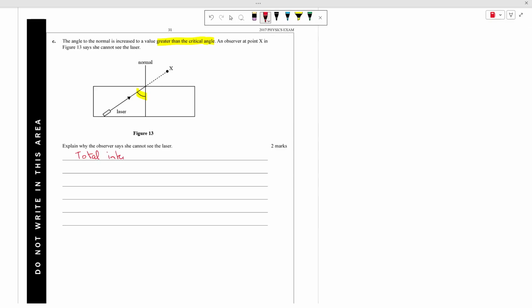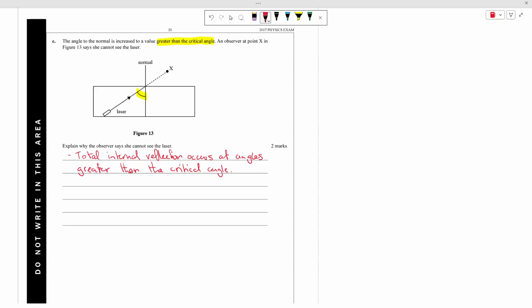Total internal reflection occurs at angles greater than the critical angle. Oh, what's going on with my spelling?